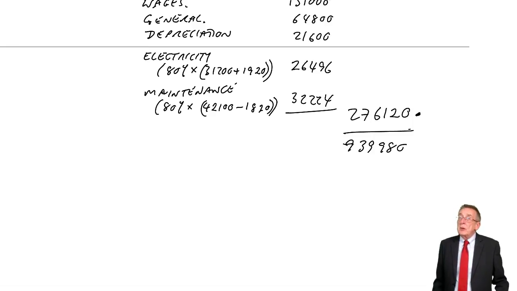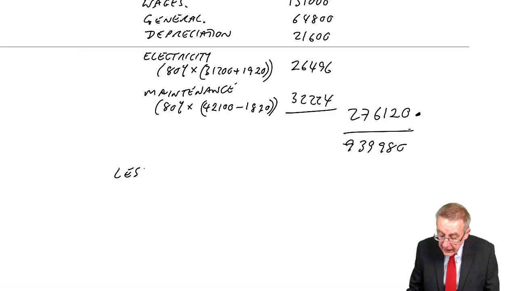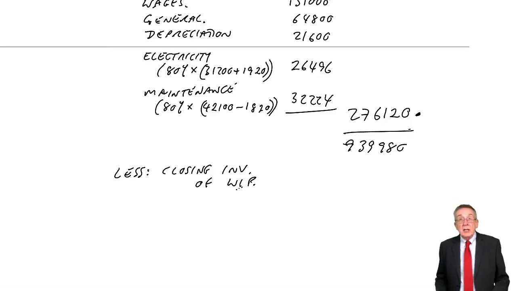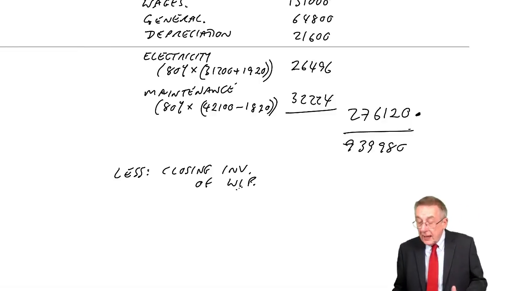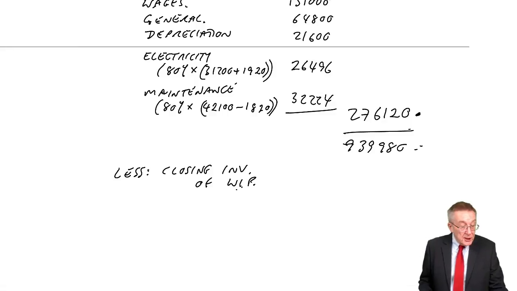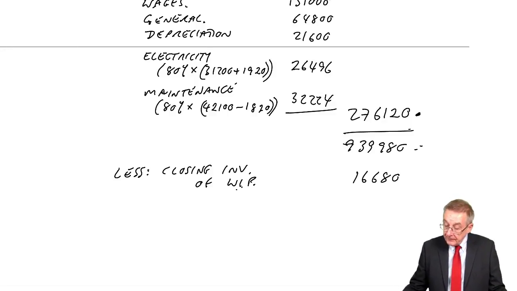And so because I want the cost of those that were finished, we need to subtract the closing inventory of work in progress. We've maybe only done half the work on these. They're not finished, but the cost of doing half the work is included at the moment in that total. And what is the closing inventory of work in progress? Look at note 1. It's 16,680.